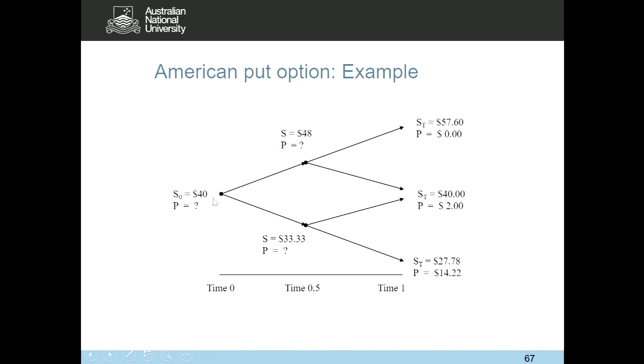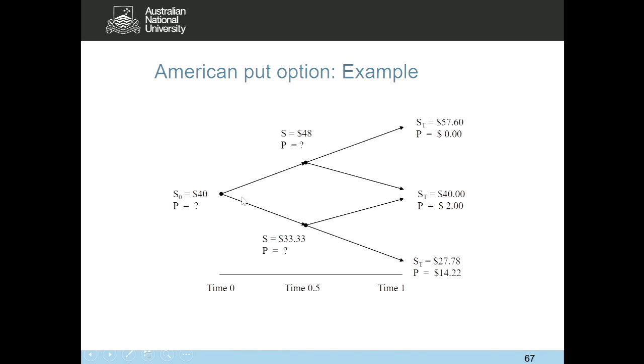Now, if the share price goes up then down, or down then up, the share price will finish at 40, and 40 is lower than 42. So exercising the put option would make a payoff of $2. So we write the payoff of the put option as $2 at the middle point.